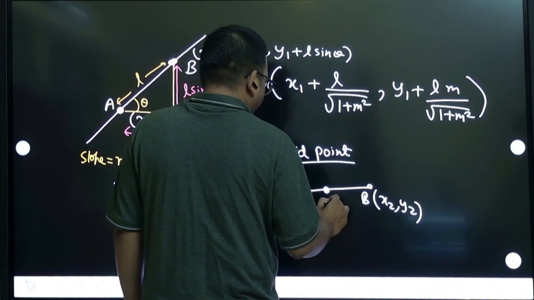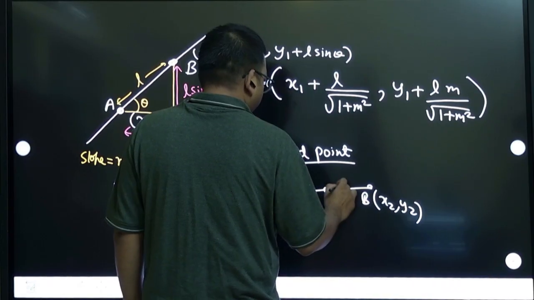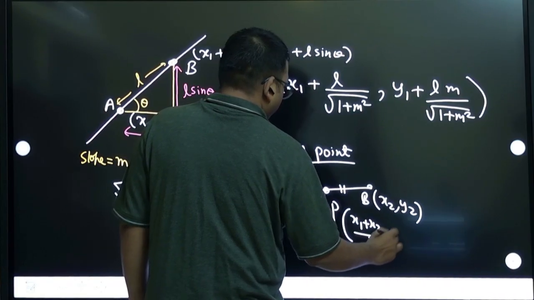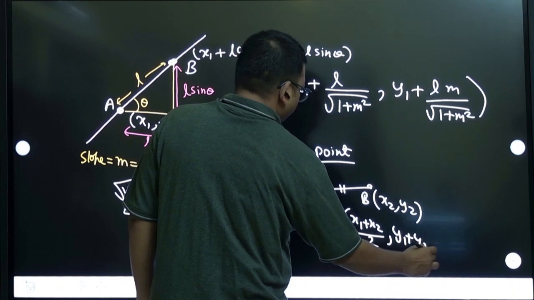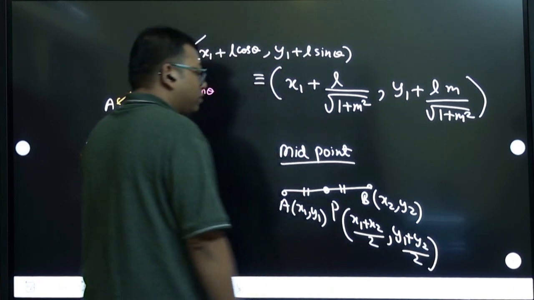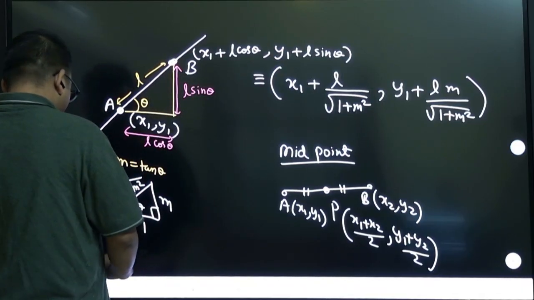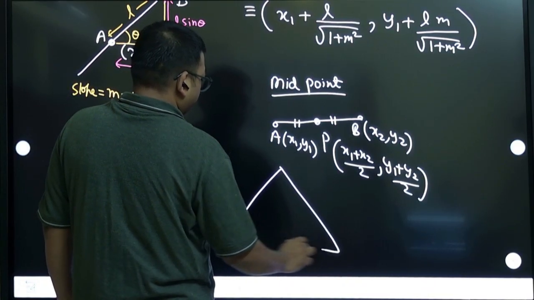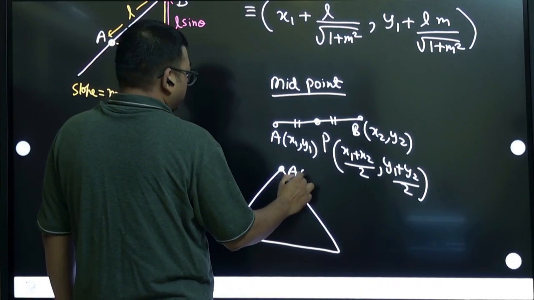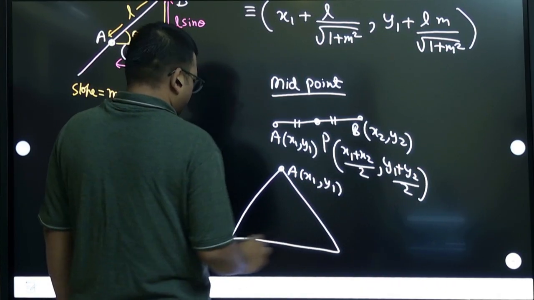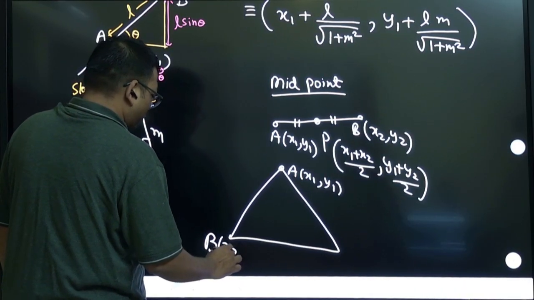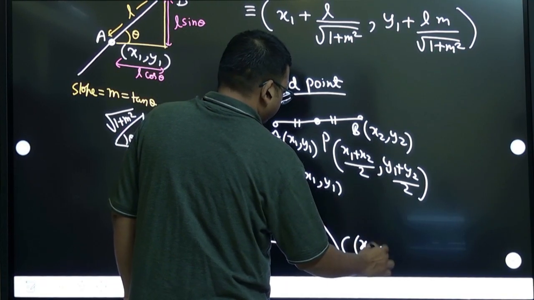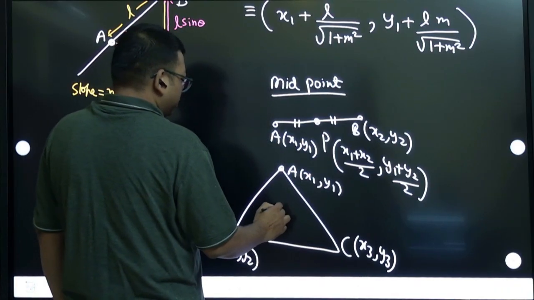I want the midpoint, so I can calculate this as x1 plus x2 by 2 and y1 plus y2 by 2, just the average of that. Similarly, centroid also can be calculated. Suppose this is a triangle, points A, B, C. This point A is x1 comma y1, this point B is x2 comma y2, and this point C is x3 comma y3. I want to calculate this centroid.